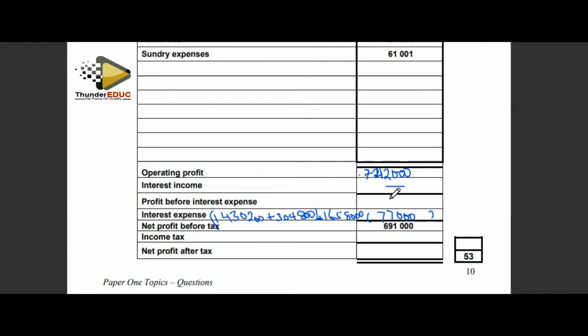So if I'm working back to get this figure here, what am I supposed to do? I have to add back this to the 691,000. So I get 69,691,000 plus 77,000.